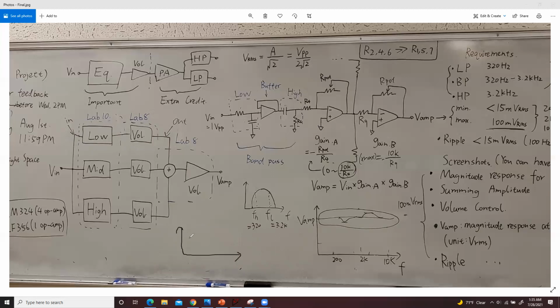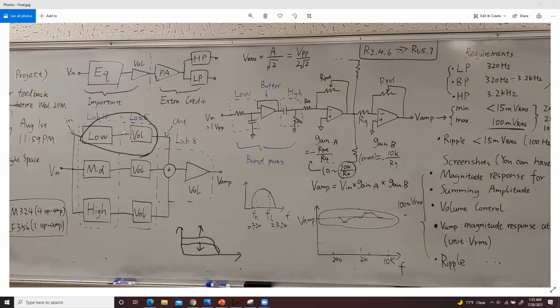What it will look like is still a low pass filter, and when you tune the potentiometer in here, you will see this magnitude response go up or go down. That's how you verify these two circuits work together.